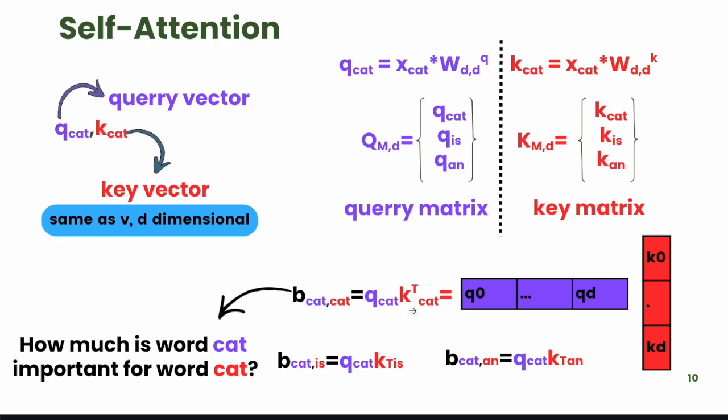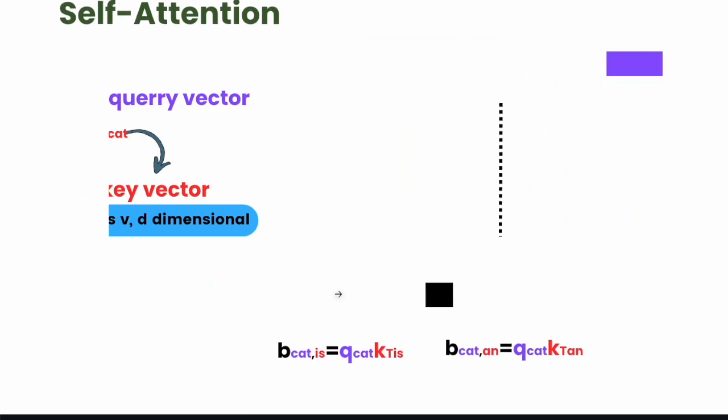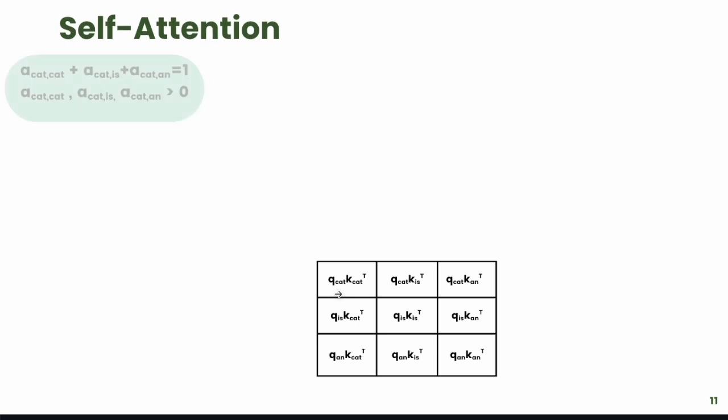And the sum of these b's corresponding to each word doesn't need to be 1. The sum can be anything between -infinity and infinity. So both of these conditions are not satisfied by taking an inner product. Now to satisfy these two conditions, we introduce a softmax function.